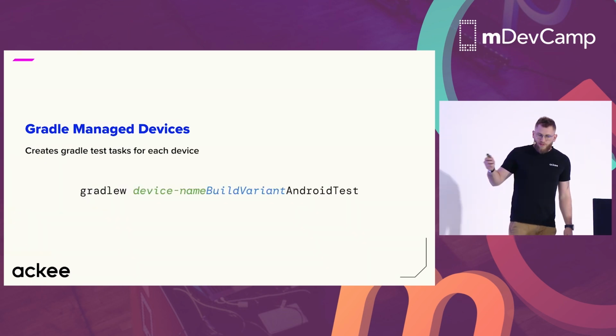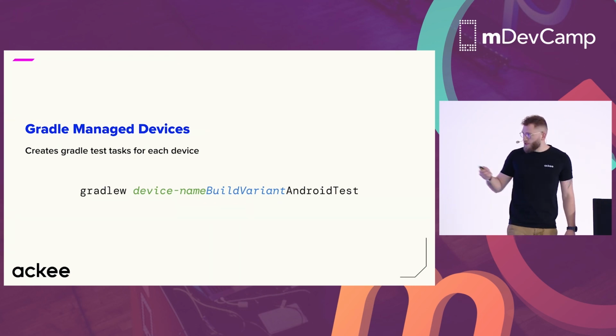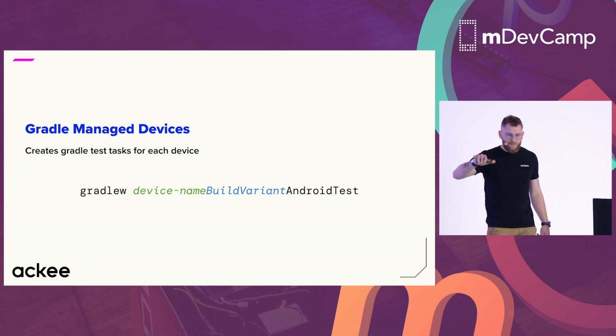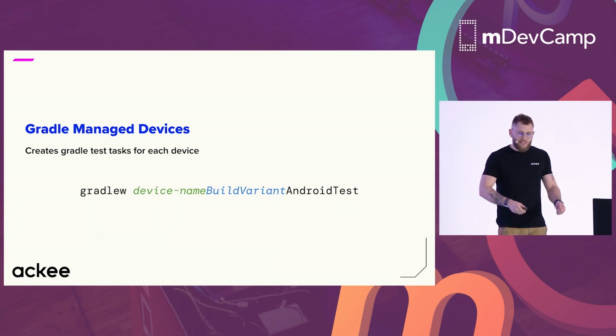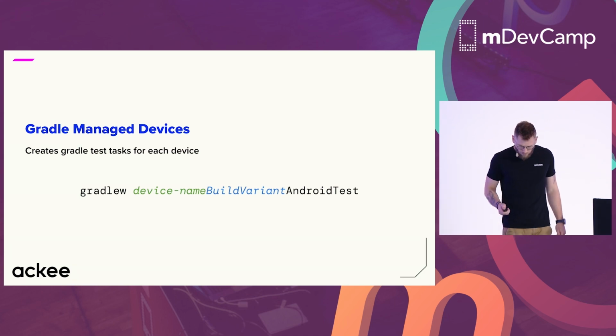If you define such a device, they will create a Gradle task which follows this structure: it contains the device name, the build variant, and the suffix Android test. And this will run all of your tests on this device under the build variant that you choose.